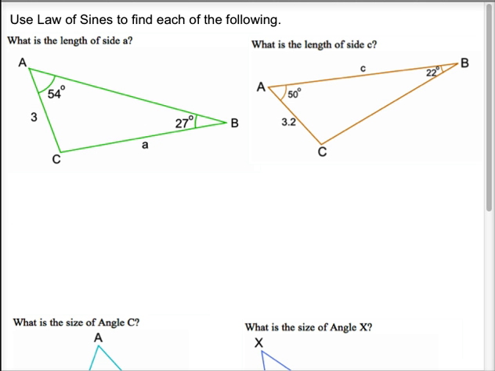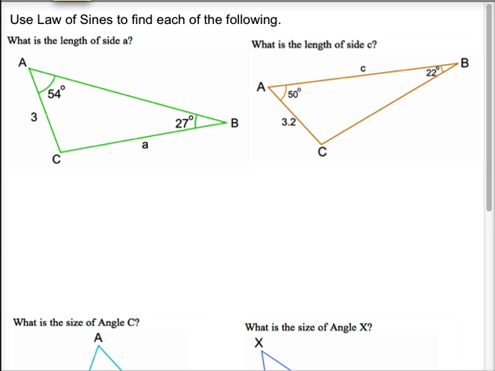Now, what you're looking for, the concretes: how do I actually use this rule? All right, so law of sines to find each of the following. Again, the first important thing is we need to set up an angle-side pair. Looking at this first one, I need an angle-side pair.